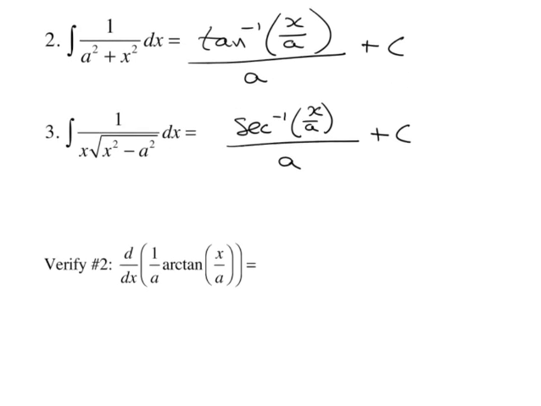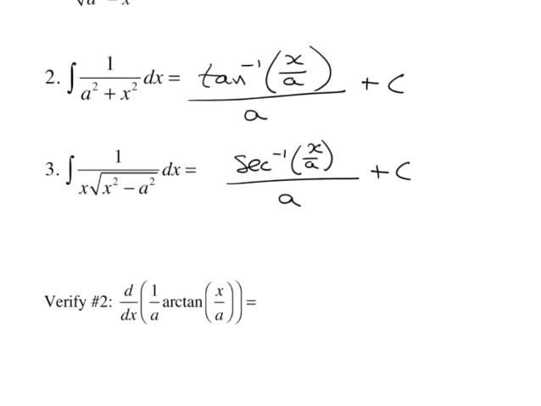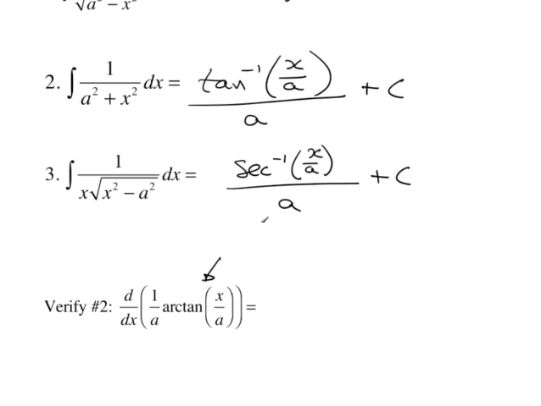So let's go ahead and prove this one. Let's prove this right here is the same as this. I want to take the derivative of it, and when I do, I should get this back. So if I take that derivative, I'm going to have 1 over a sitting here, times the derivative of arctangent of x over a.